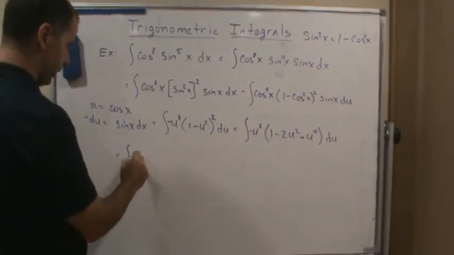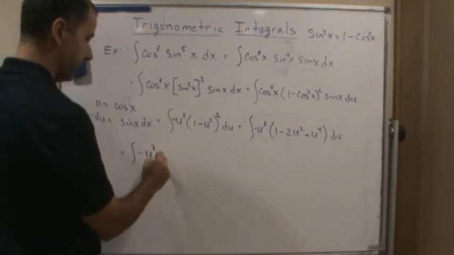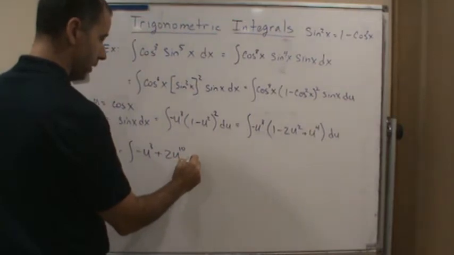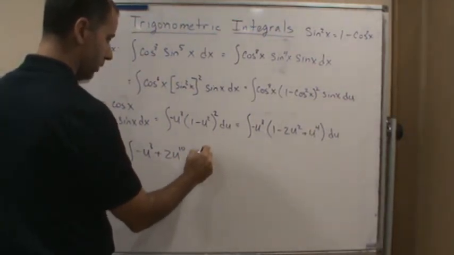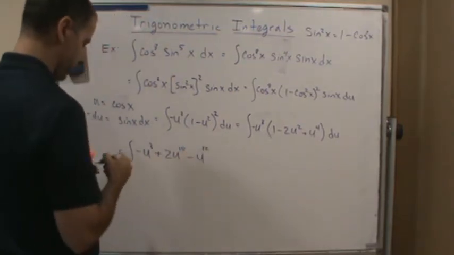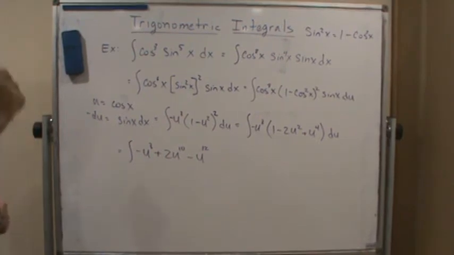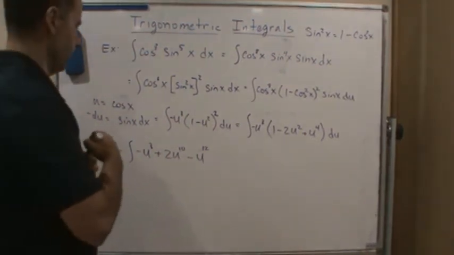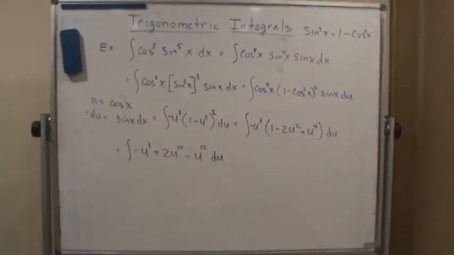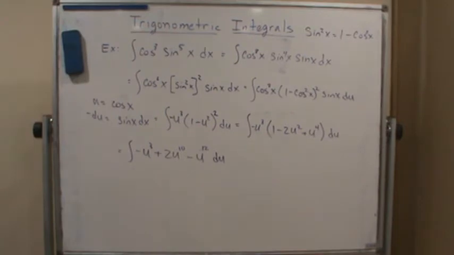So that's going to give me negative u to the 8th plus 2u to the 10th minus u to the 12th, du. Okay, and so now I can integrate this thing.